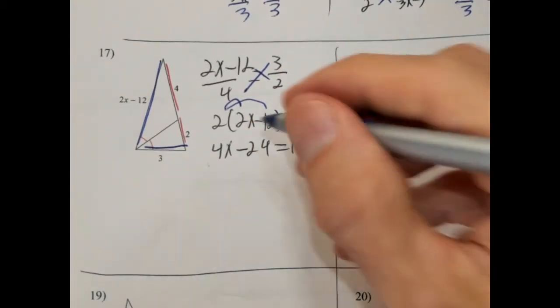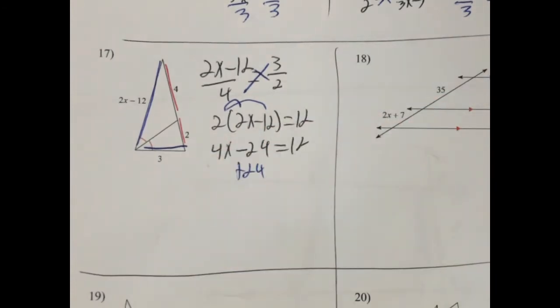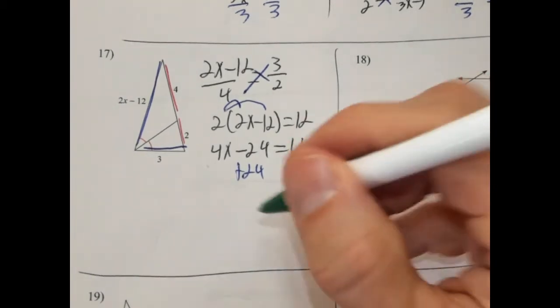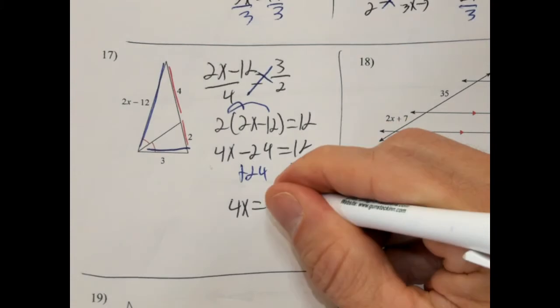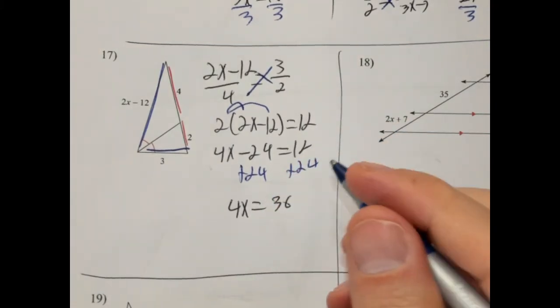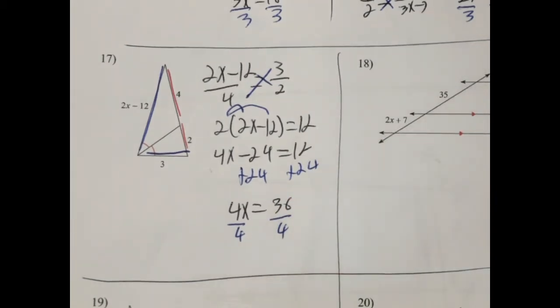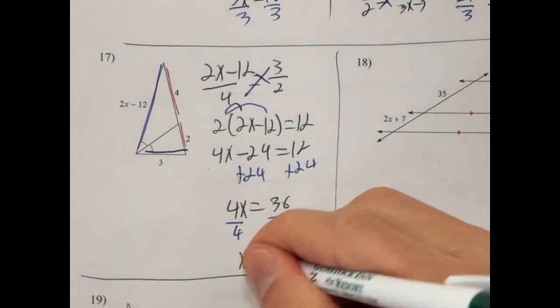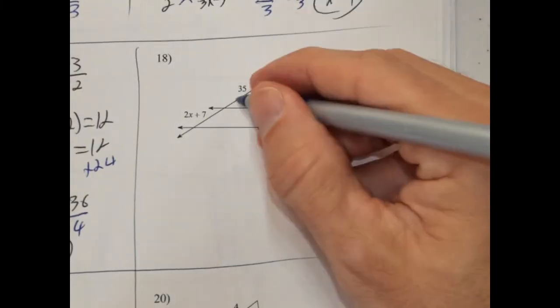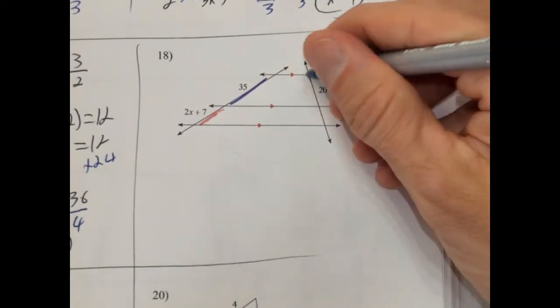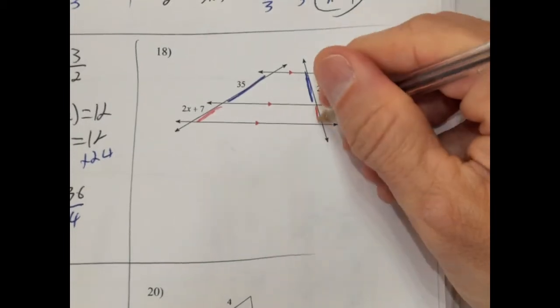We're going to add 24 to both sides, and 4x equals 36. Divide by 4. X will be equal to 9. Awesome.